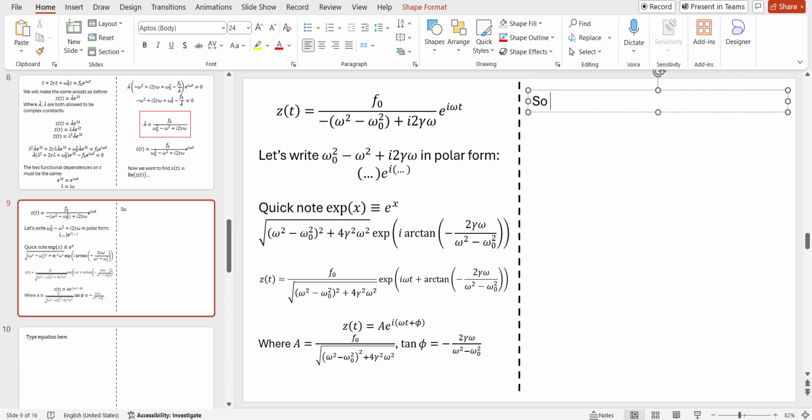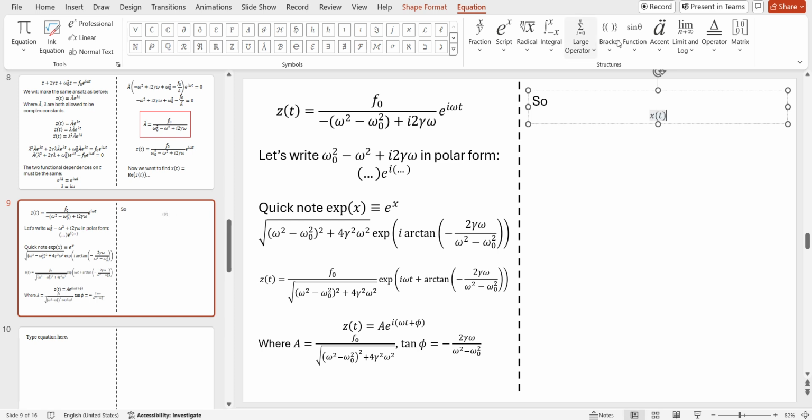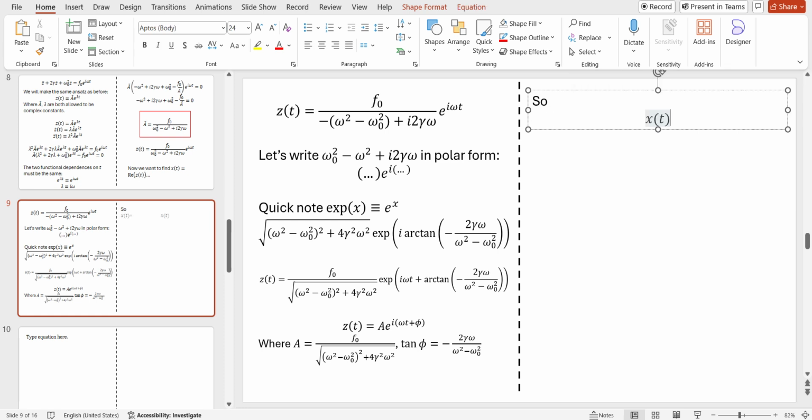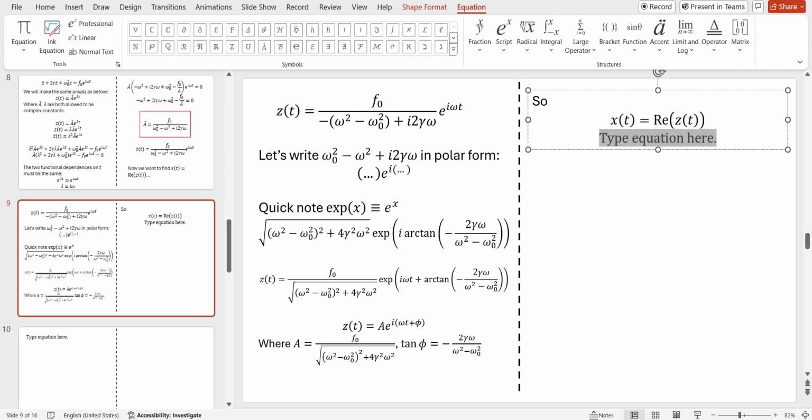So x of t, why are you small? Get back here. Okay, x of t equals the real part of z of t, which is the real part of all of this.